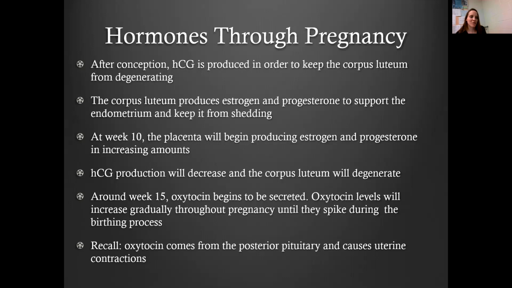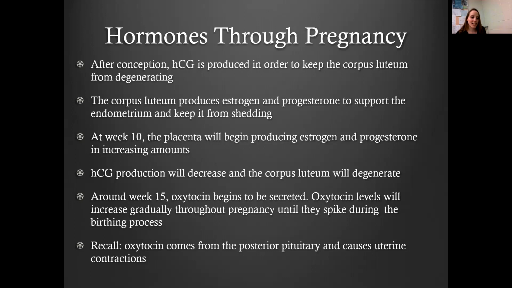So the corpus luteum needs to be maintained so that it is secreting the progesterone that's needed to maintain the endometrium. That corpus luteum will keep making progesterone. At week 10, the placenta is mostly developed and will take over a lot of the progesterone production and will stop producing the HCG, so the corpus luteum can degenerate at that point.